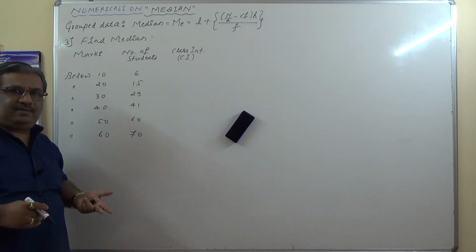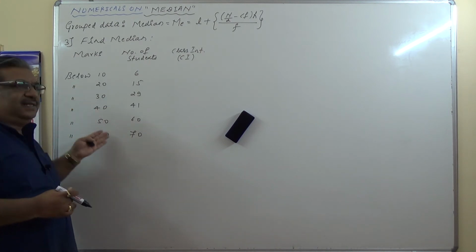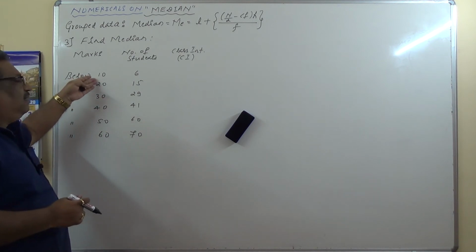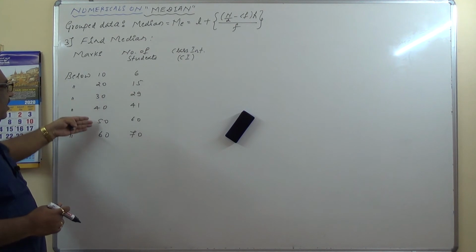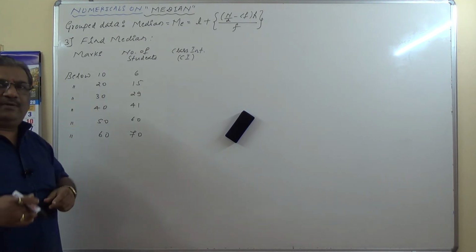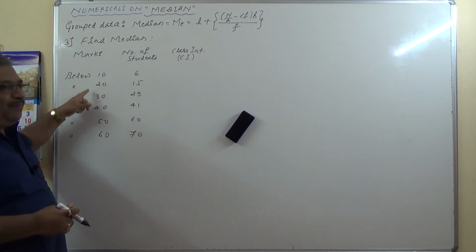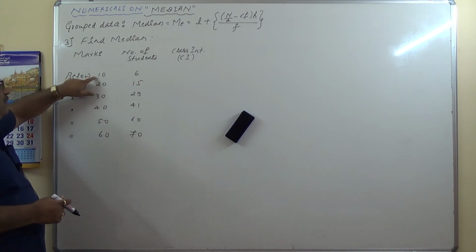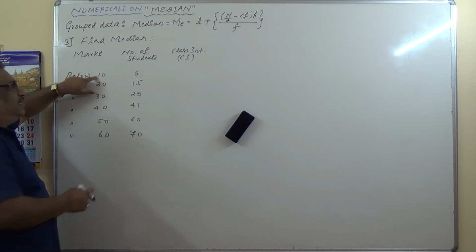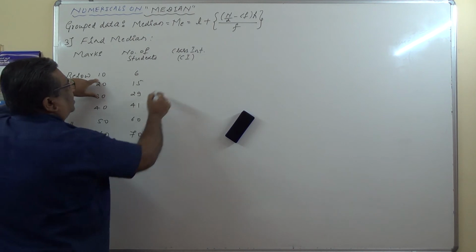Below 10 means what? Below 10 means below upper limits. Therefore, this is a less than series. So less than 10 means the upper limits are given here. Upper limits are 10, 20, 30, 40, 50 and 60. How do you get the lower limits? Subtract the class size from the upper limits in order to get the lower limits. So lower limit is equal to upper limit minus class size. 10 minus 10, 0.